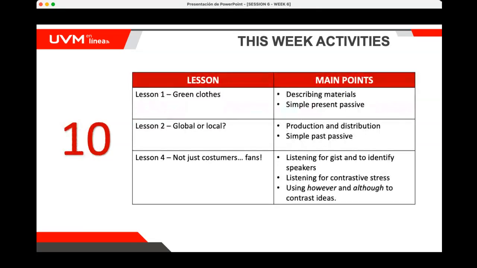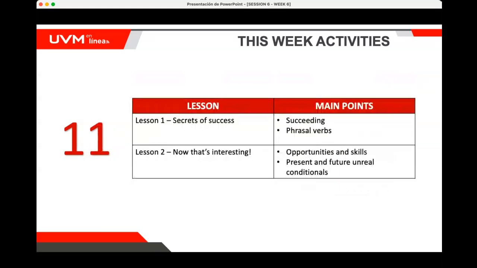Modals, and passive voice in Unit 10, and in Unit 11 two grammar topics. Phrasal verbs, which is a very important topic, not only because of the vocabulary, because if you remember, in the vocabulary section you learned some phrasal verbs, but the structure of the phrasal verbs, how to use them with an object, for example.